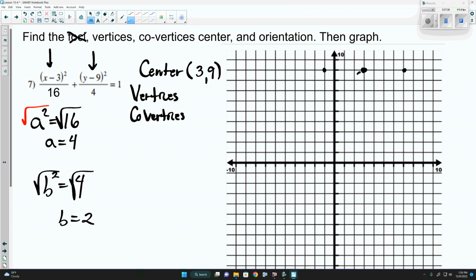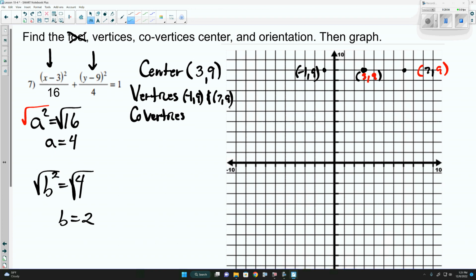Since this was 3, 9, our two vertices are going to be 7, 9 and -1, 9. I did get asked earlier today, does it matter the order we list the vertices? No, because I could have listed 7, 9 first, or I could have listed -1, 9 first. It doesn't matter as long as we have both.